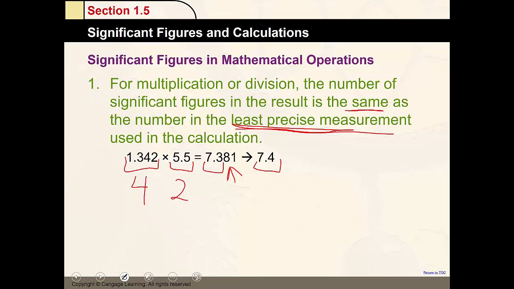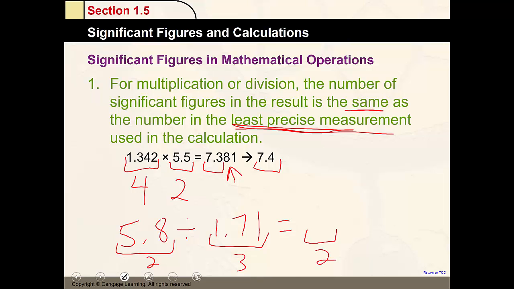So it's the same thing with division. So let's say we have 5.8 divided by 1.71. So here we have 2 sig figs and 3 sig figs. So before you do anything on your calculator, you should know already, okay, my final answer should only have 2 sig figs.